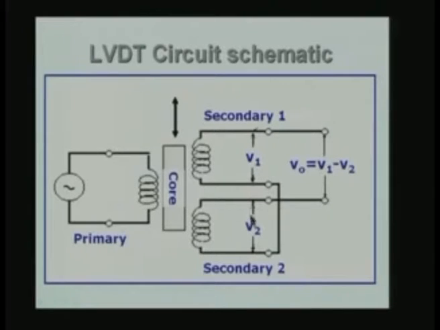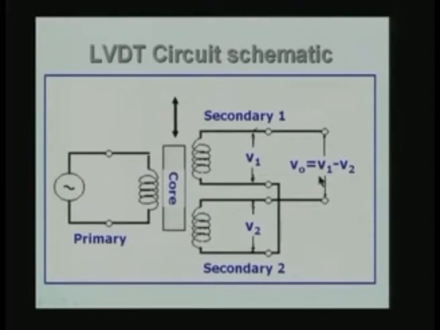These are two AC voltages which are going to come out, and in fact, if we are able to measure the difference between these two AC voltages by putting the secondaries back to back, you see that the output voltage is V1 minus V2. This V1 minus V2 is going to be proportional to the displacement of the core, and of course, this displacement has come about because of the pressure being applied in the pressure transducer.